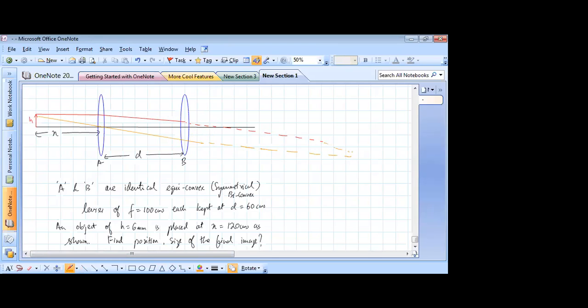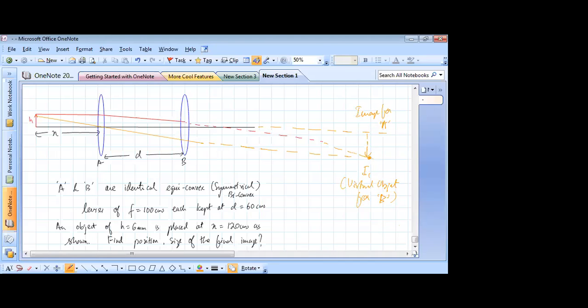They are giving us some kind of image over here. This I1 will become the virtual object for B. This is the image for A. That will become the virtual object for B.